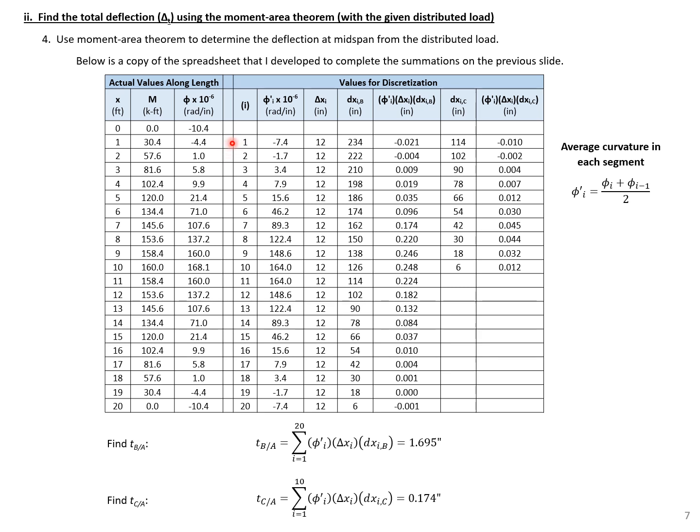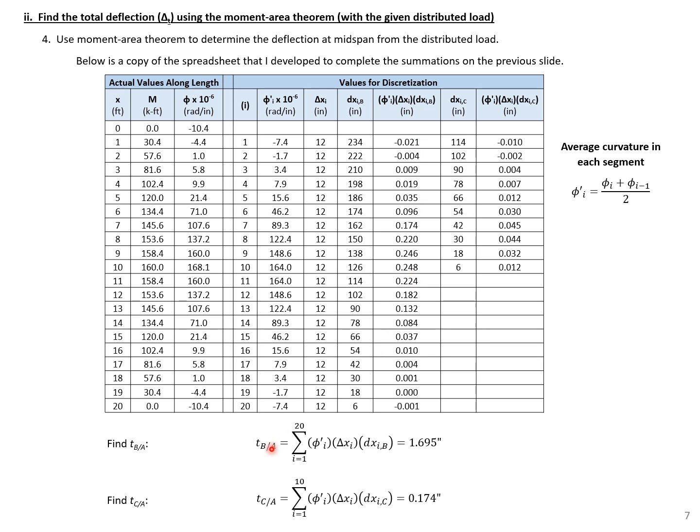For each one of these segments, I need to find the average curvature, the width of the segment, which I keep a consistent 12 inches, and then the distance between point B and the center of the segment and point C and the center of the segment. So you can see then we can find the average curvature times the width of the segment times the distance component for each one of the segments.